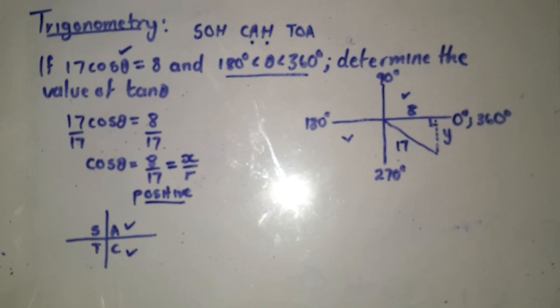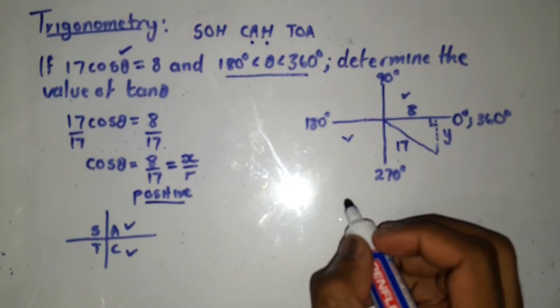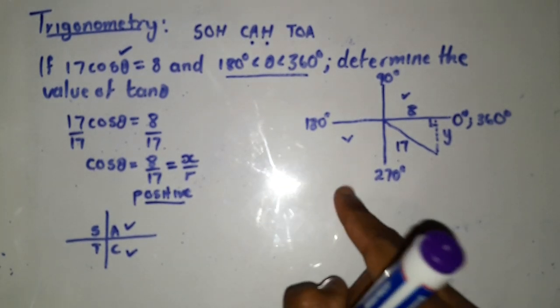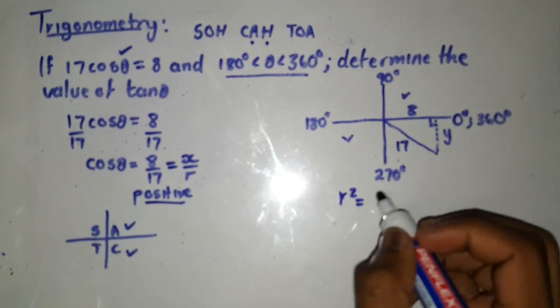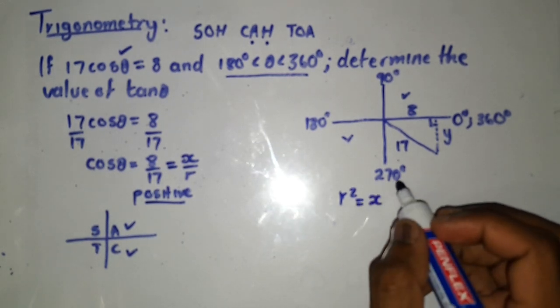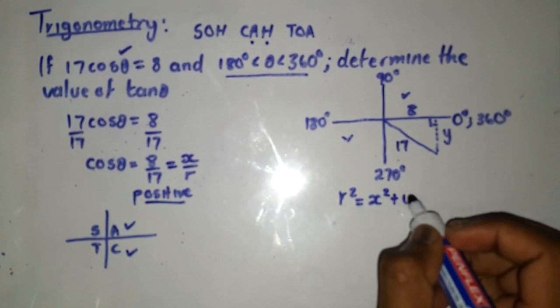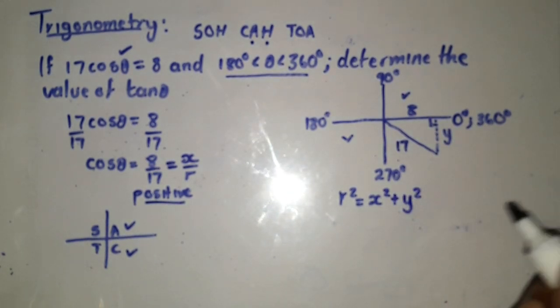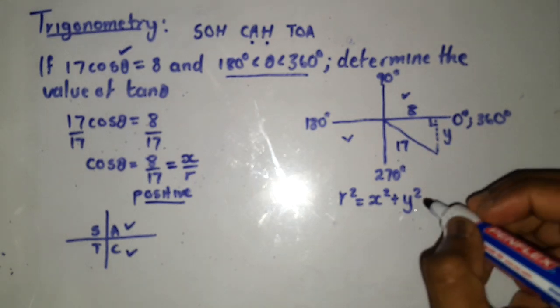Surely we need to use the theorem of Pythagoras, which is given by r squared is equal to x squared plus y squared.